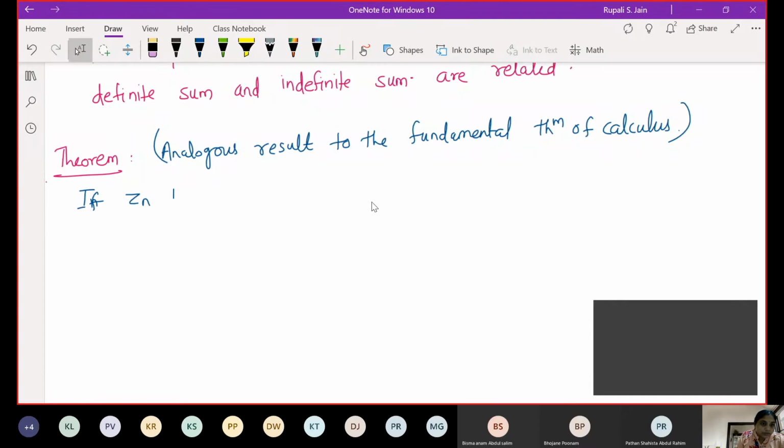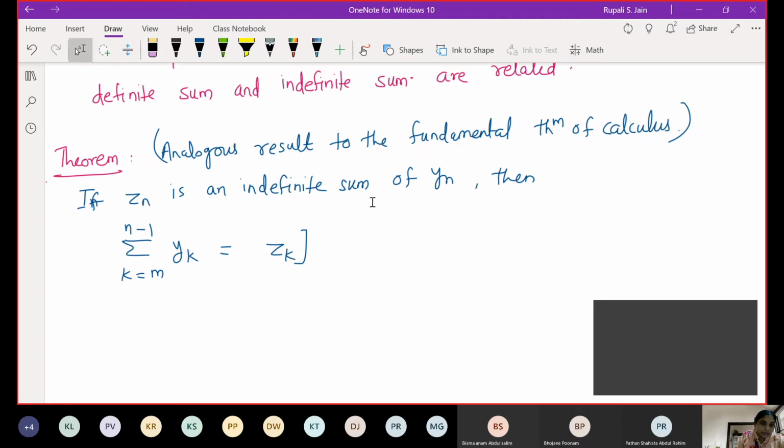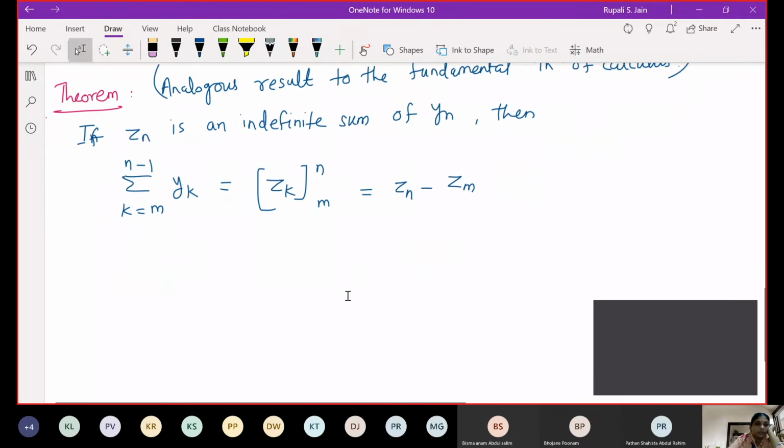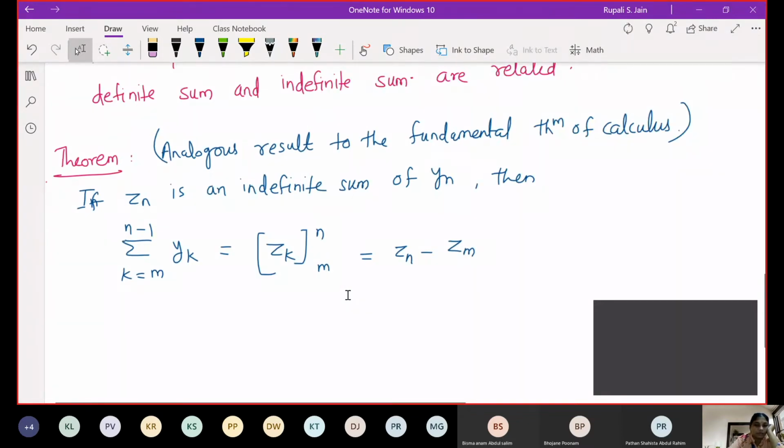If Zn is an indefinite sum of yn, then the finite sum k is equal to m to n minus 1 of yk, which is Zk from m to n, can be written as Zn minus Zm. Can anybody recall what the fundamental theorem of calculus is?